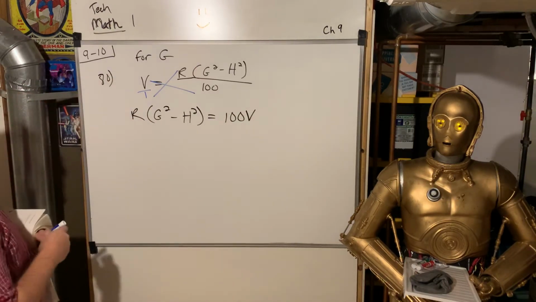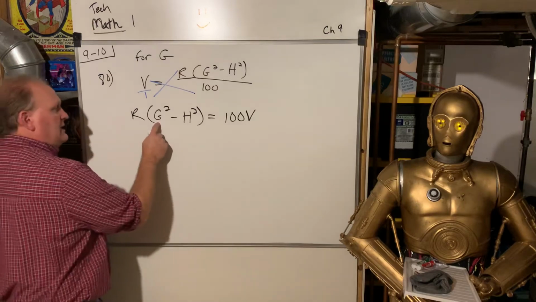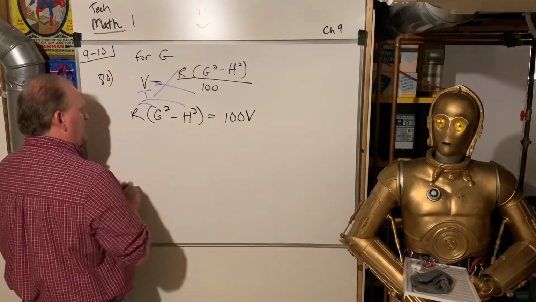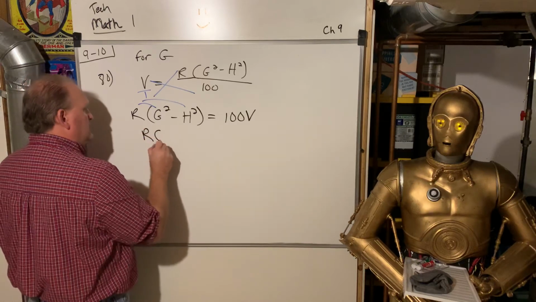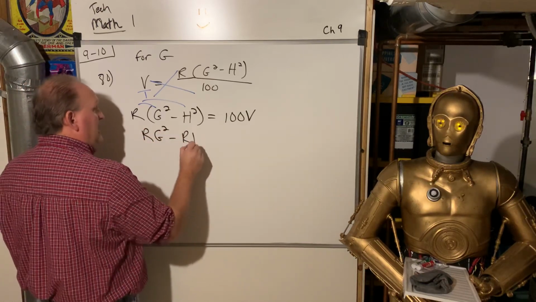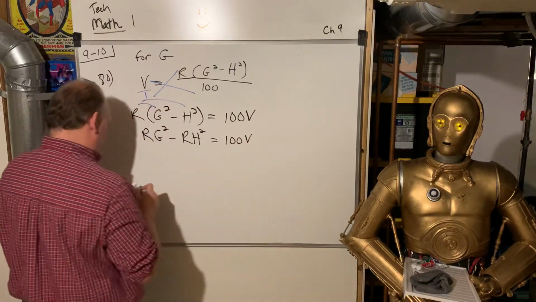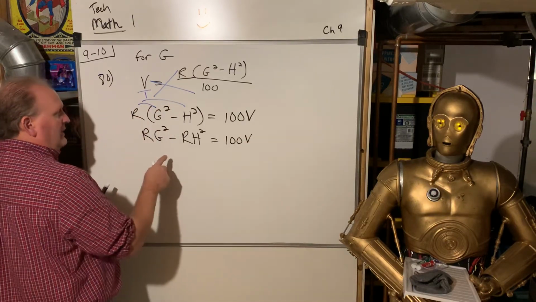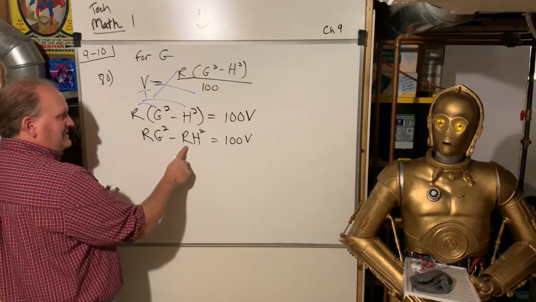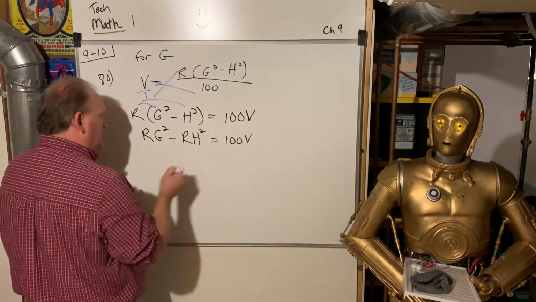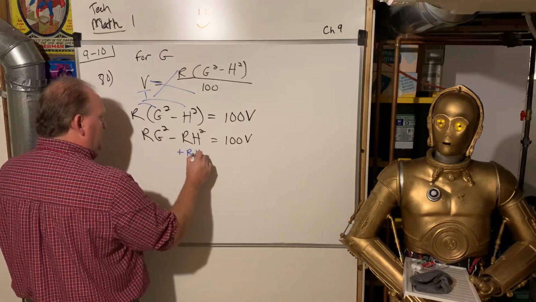All right, now we want to solve for G, so we'll do the distributive property and get R G squared minus R H squared is equal to 100 V. Then we want to isolate the G, so that means this has to go away. Well, it's a minus RH squared, so we add RH squared.